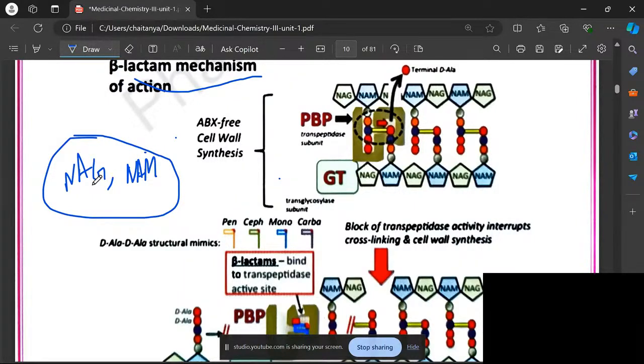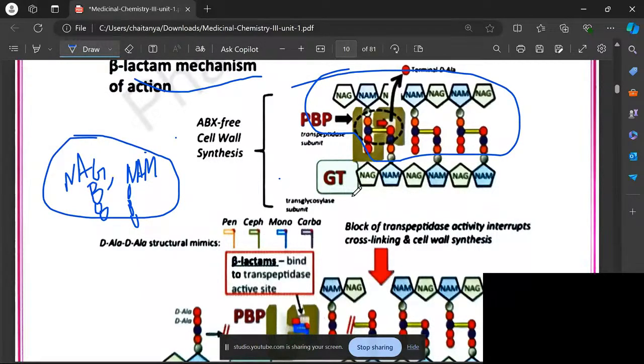These have a peptide chain. These are generally synthesized in the membrane and in the cytoplasm. After that, they come out, and here they form the cell wall.